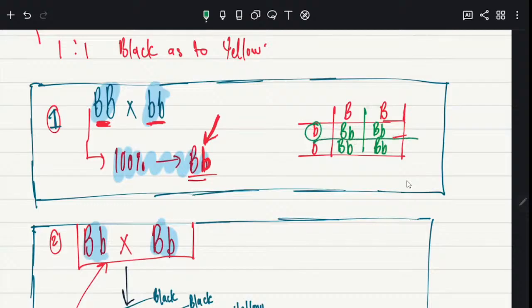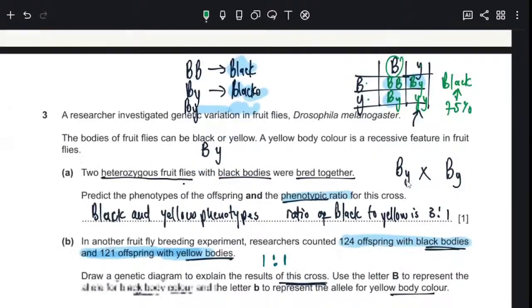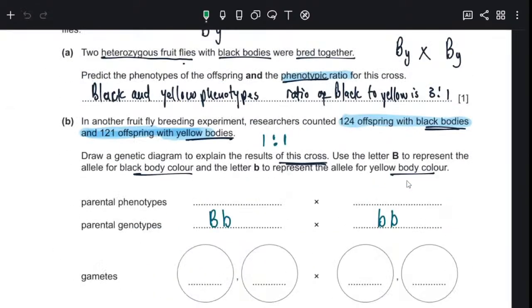Then this big B meets this small b, you get the answer here. Big B, small b. So all of them are heterozygous. You see that? So now we got this ratio of the offspring. There were 124 to 121. That's a 1:1.